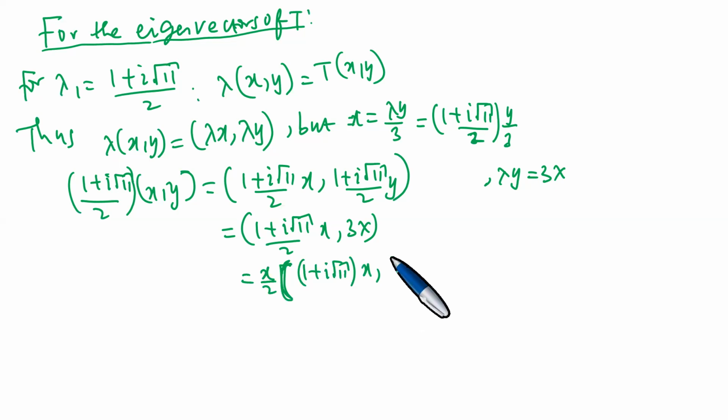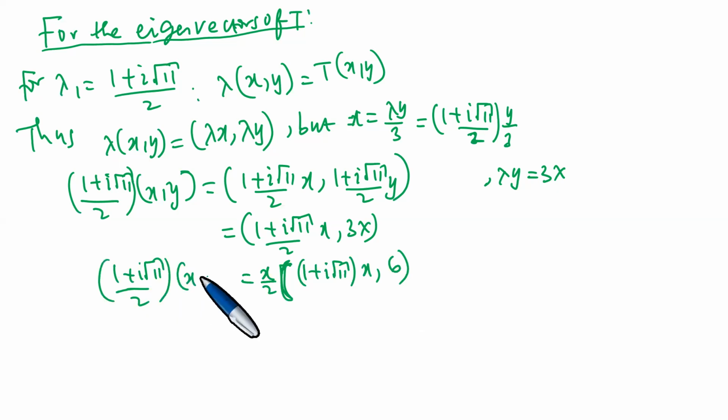It's going to become just 6. So that gives us 1 plus i square root of 11 out of 2.